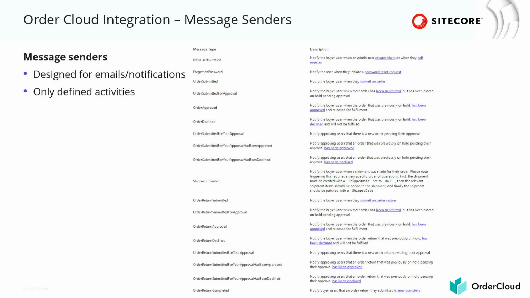If we want to compare it with webhooks, for webhooks we can subscribe to any API call made in Order Cloud. But here we have only defined event types, but still I think this list is more than enough, because it covers all required order operations and all required user operations like order submitted, new user registration, forgot password, and so on.